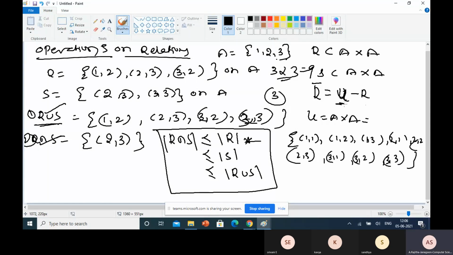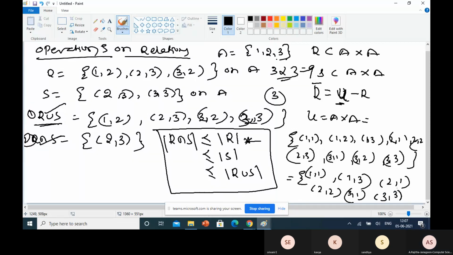So from this difference, that means those present in this nu but not in R. Here you should write 1 comma 1, 1 comma 3, then 2 comma 1, 2 comma 2, 2 comma 3, and 3 comma 1, 3 comma 2, and 3 comma 3. So this is the R complement.